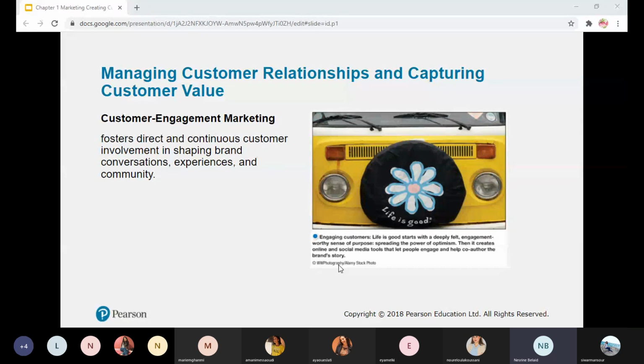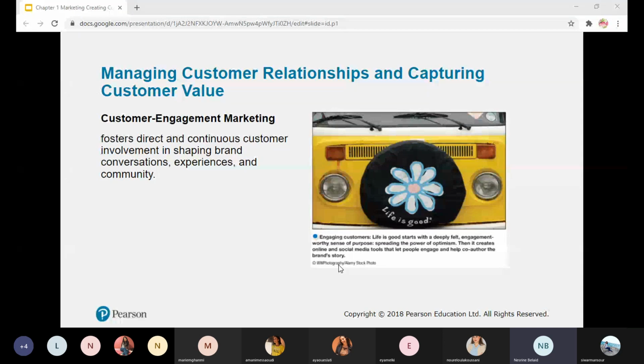We have basic relationships, okay? That means low margin customers. We have also the full partnerships, for key customers.